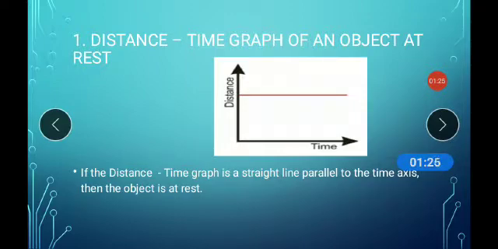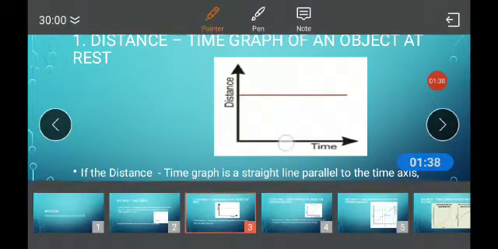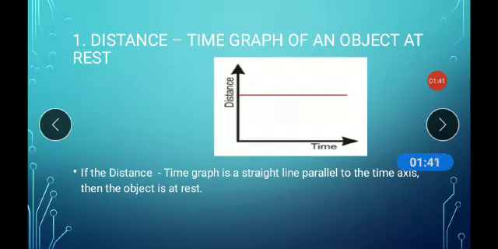When we are plotting the distance time graph of an object at rest, taking time along the x-axis and distance along the y-axis, we will get a graph which is a straight line that is parallel to the time axis. If the distance time graph is a straight line parallel to the time axis, then we can say that the object is at rest.